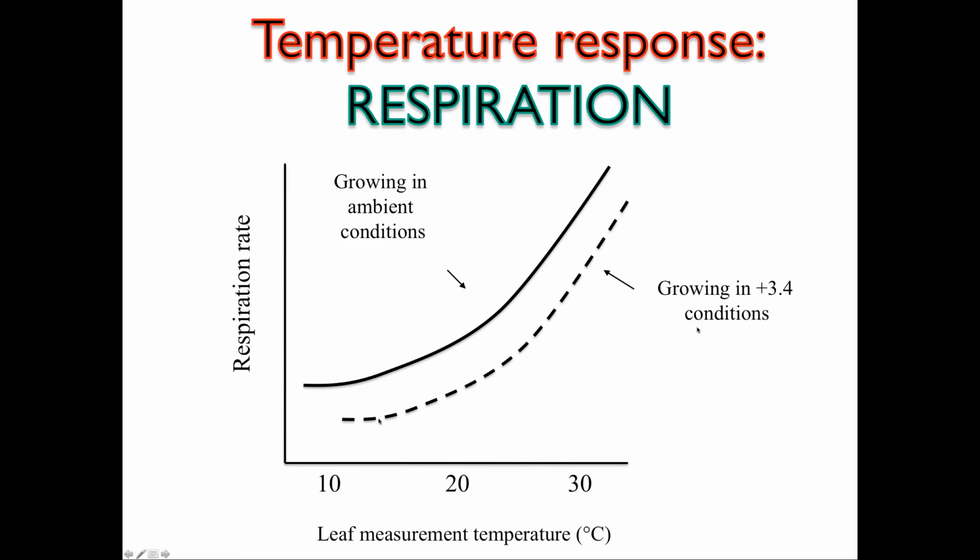Do that same curve, and what you can see is that it's shifted downward. This downward shift basically represents a downward acclimation of respiration, such that at any given temperature that species loses less carbon. So this is kind of a way to adapt and acclimate your physiology to warmer temperatures.